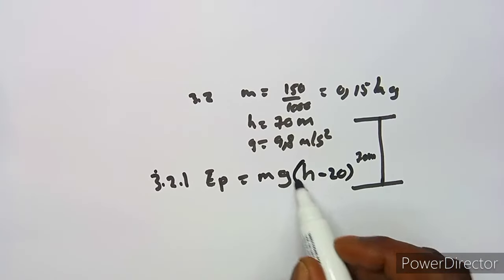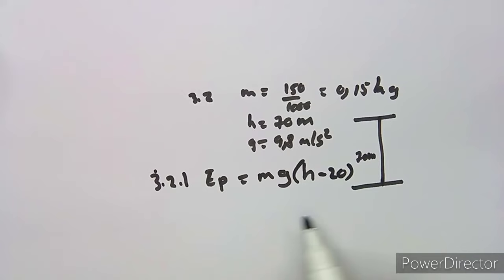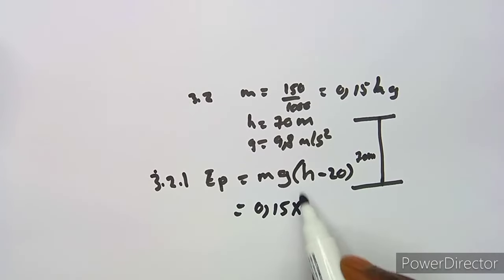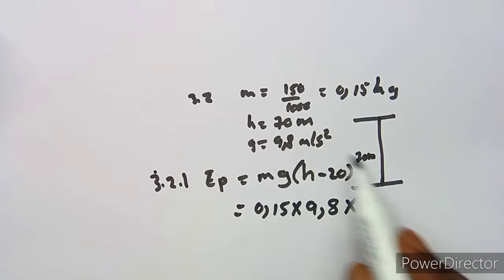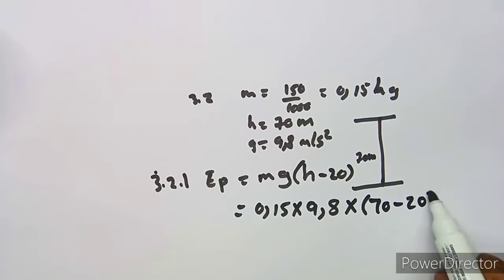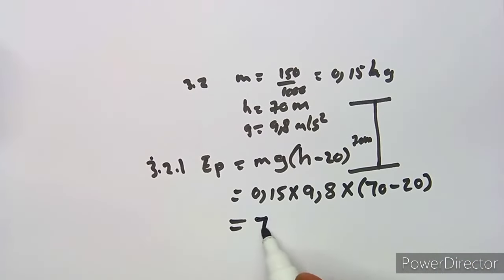So it's going to be mg times the height of 70 minus 20, which is the mass of 0.15 times the gravitational acceleration 9.8 times the height of 70 minus 20. That's what you're going to have, guys, which is going to give you 73.5 joules. So that's your potential energy, which is measured in what? In joules.